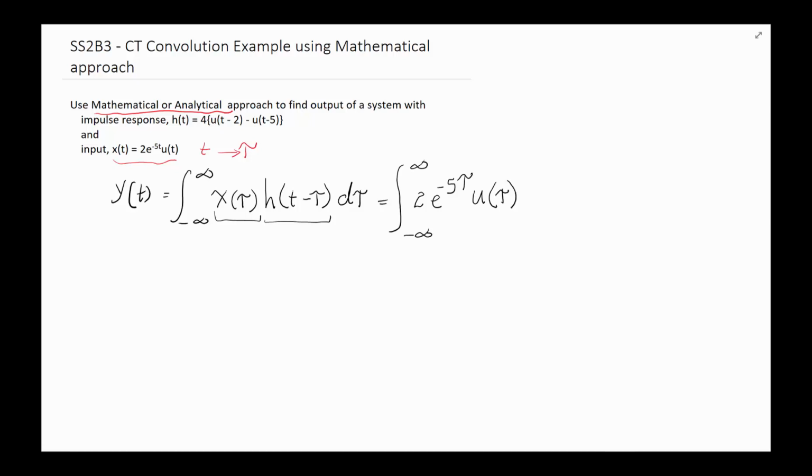And then in order to turn h of t into h of t minus tau, we take everywhere we see a t and replace it with t minus tau.